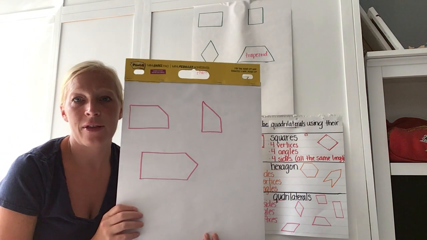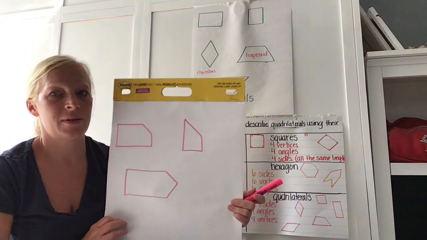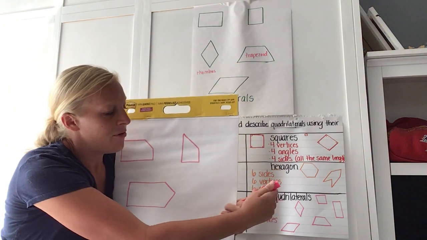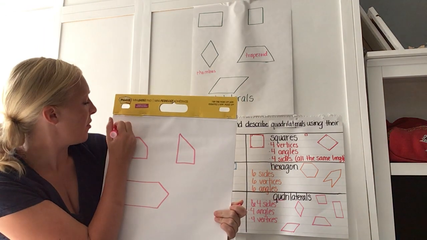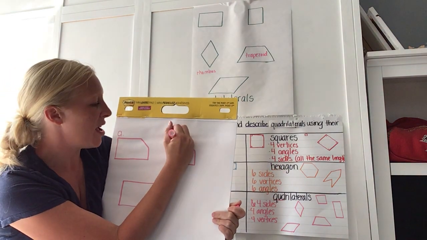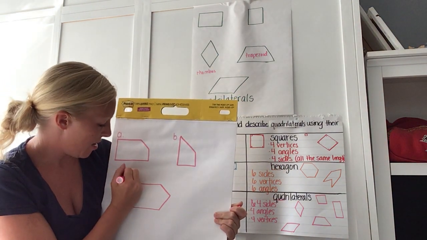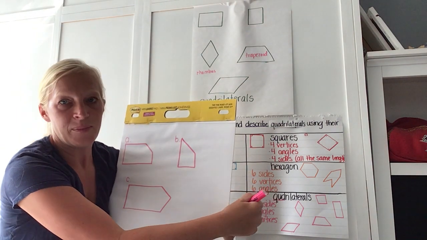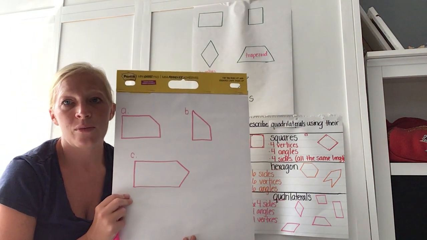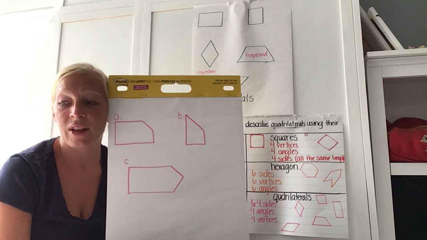Take a peek at my 3 shapes. I'll even letter them for us. It's a lot easier when we can letter them when we identify them, isn't it? We have our A, our B, and our C. Which of these are quadrilaterals?